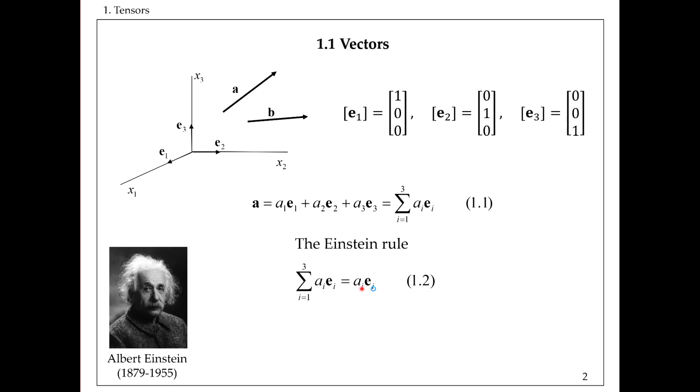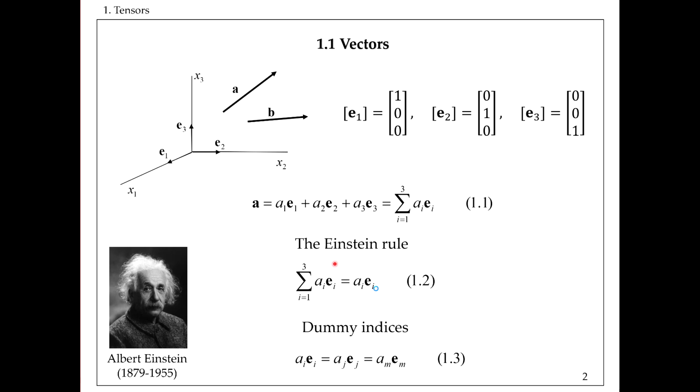If we write it explicitly, there is no index at all, so it is a dummy index. When we write i, there is no freedom in choosing i, so it has to be a summation, like here 1 1, 2 2, 3 3. We cannot do anything else. So these are not free indexes, and they are called dummy indexes.